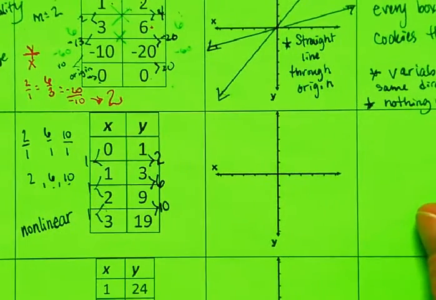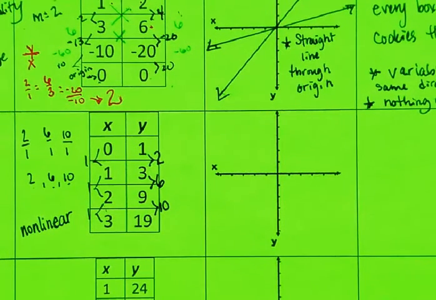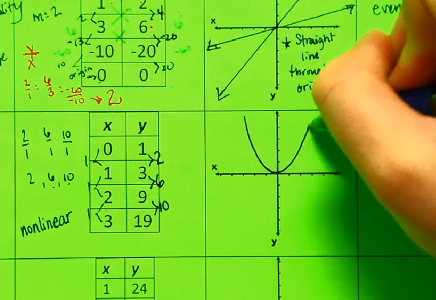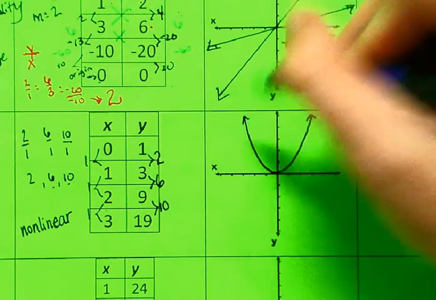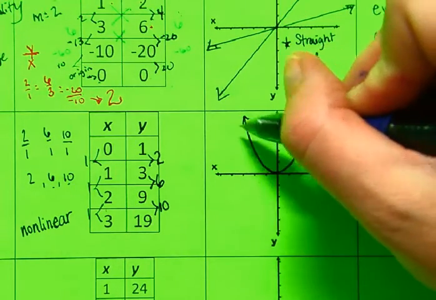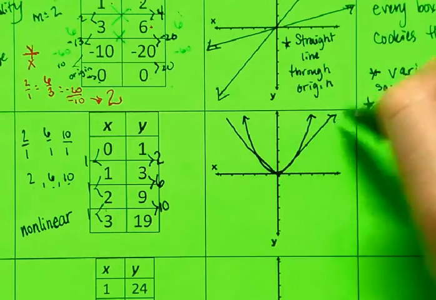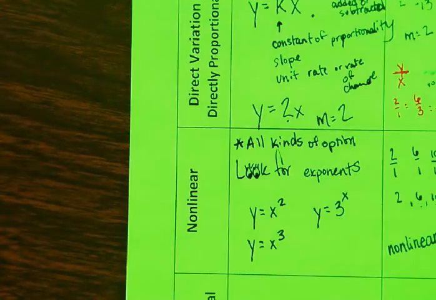On a graph, similar to your equations, you've got all kinds of options. If you have an x squared, it's going to look like that. If you have an absolute value, it's going to look like a v. So I'll put that over here too for your equation.